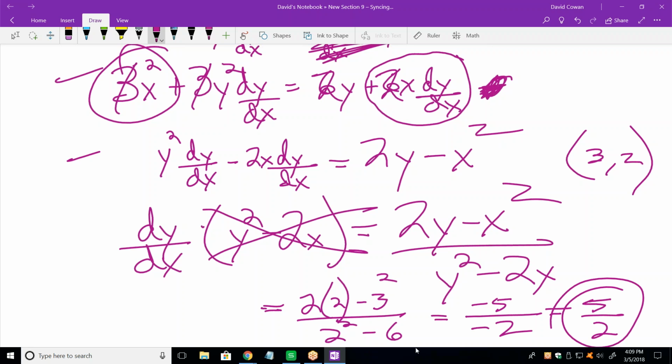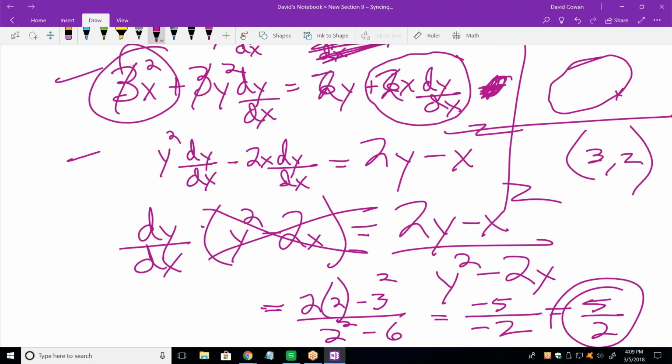And what that means is that's the slope of the line at that point. In other words, we look like we are looking at some sort of an ellipse, that might be like that. And they want to know what is the slope when x is equal to 3 and y is equal to 2.